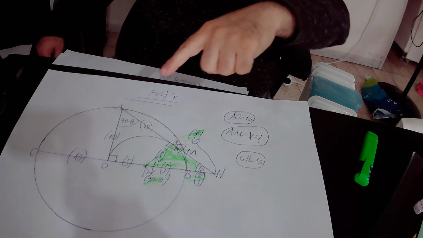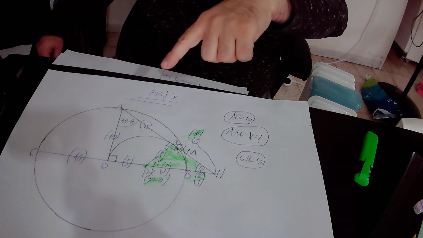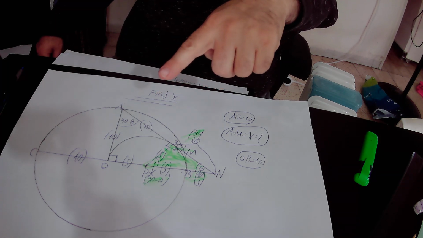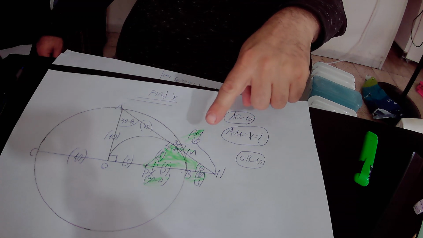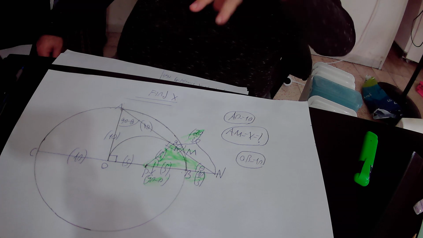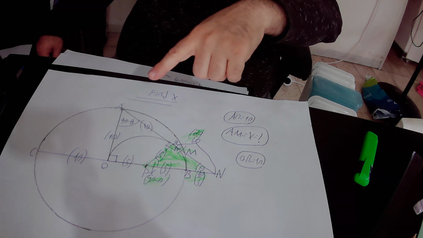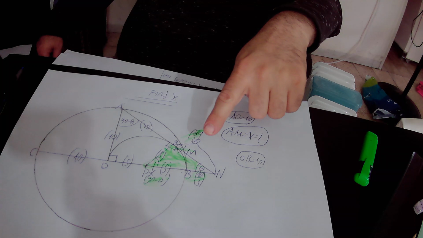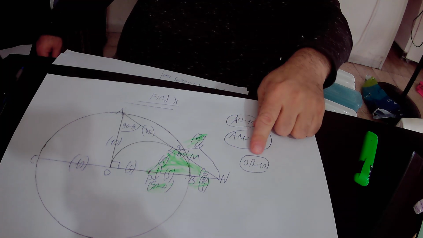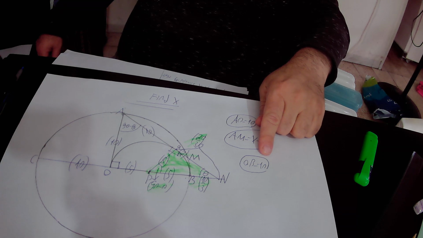And we also know in any quarter circle, side AO and side OB are the radii of the quarter circle, and therefore they are equal to each other. But we know that AO equals 10, therefore OB must also be equal to 10 because they are equal to each other. So OB equals 10 units in its length.